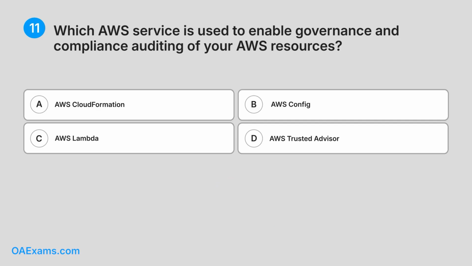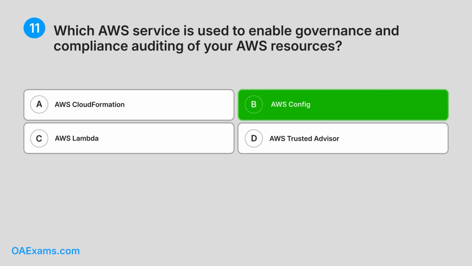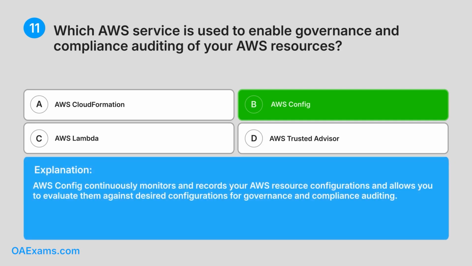Correct answer: B. Explanation: AWS Config continuously monitors and records your AWS resource configurations and allows you to evaluate them against desired configurations for governance and compliance auditing.